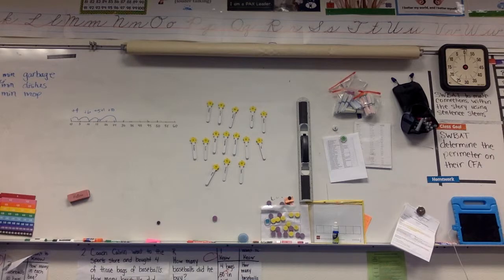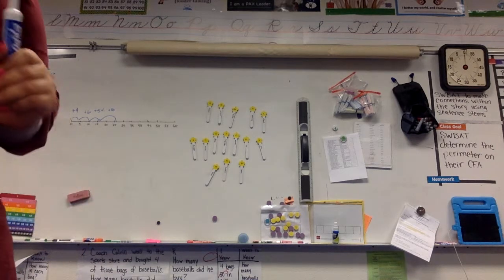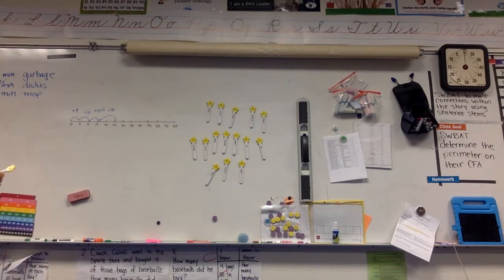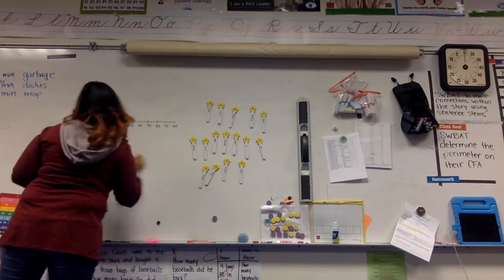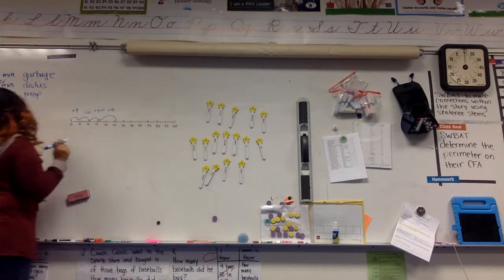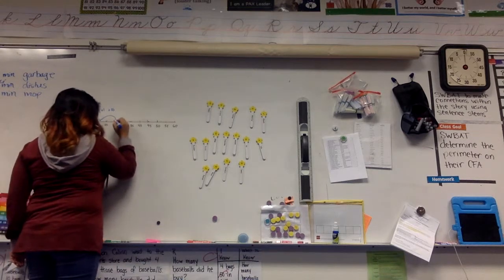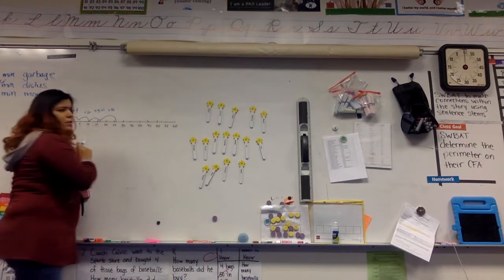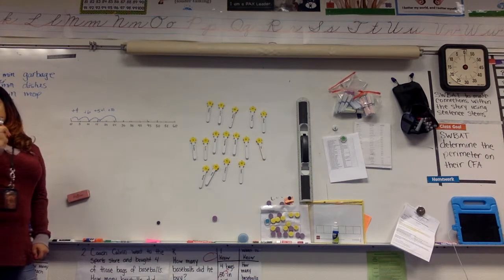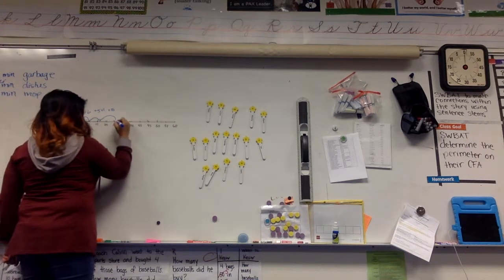Okay, done that. Now what do I still need to add? I'm not quite done. Okay, Monica, what do I still need to add? The 3. I need to add the 3. So I'm at 26. Monica, will you add the 3 and figure out where I am? 29. So not at that 30 yet.